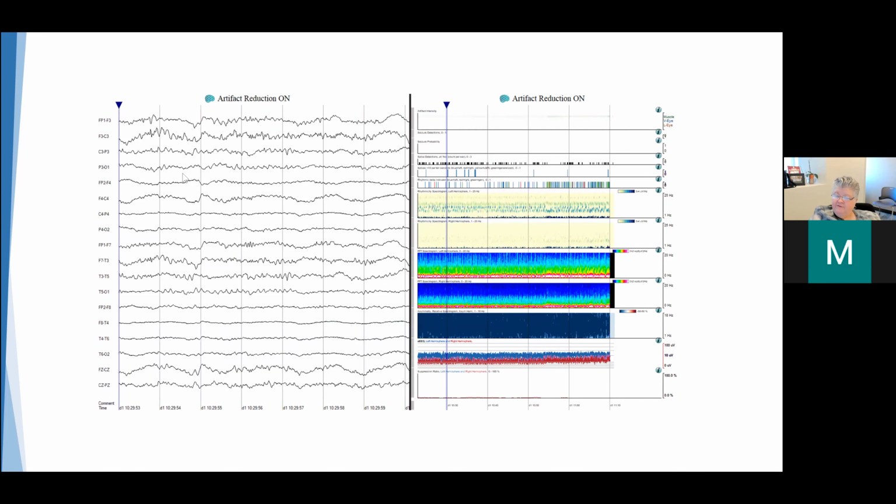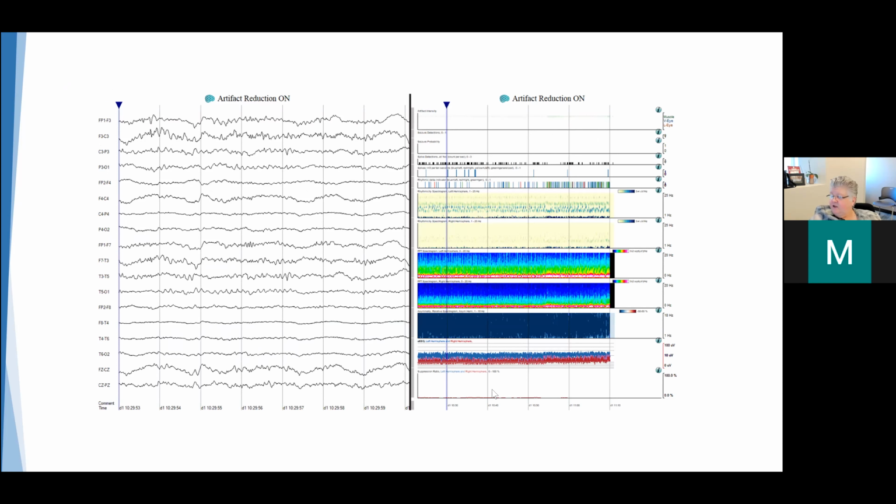We see over the left hemisphere a mixture of theta and some faster frequency activity, but over the right hemisphere, both parasagittally and temporally, we see severe background attenuation and really no significant delta activity. It's just severe attenuation and loss of fast frequencies.